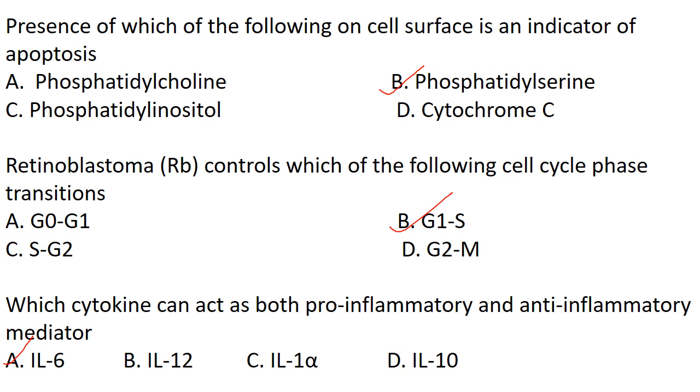Answer is option B. Then next one. Retinoblastoma controls which of the following cell cycle phase transitions? It is the G1 to S transition that retinoblastoma controls. Then which cytokine can act both as a pro-inflammatory and anti-inflammatory mediator? It is interleukin 6. Answer is option A.